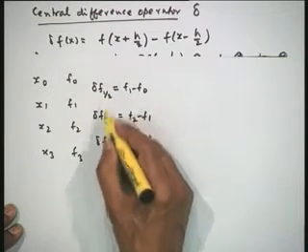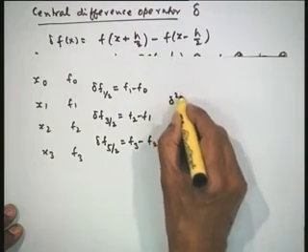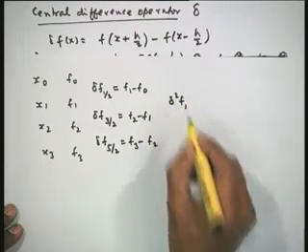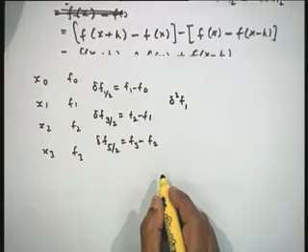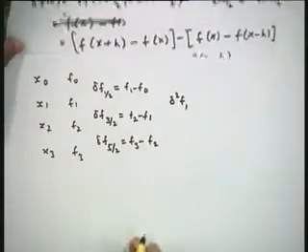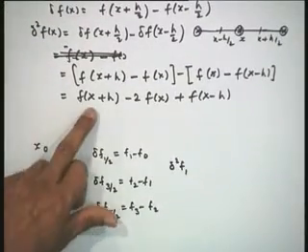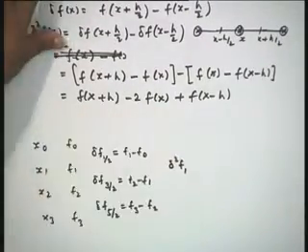But these two combinations will give us delta squared of f1, because from the definition that we have, delta squared f(x) is f(x plus h) minus 2 f(x) plus f(x minus h).